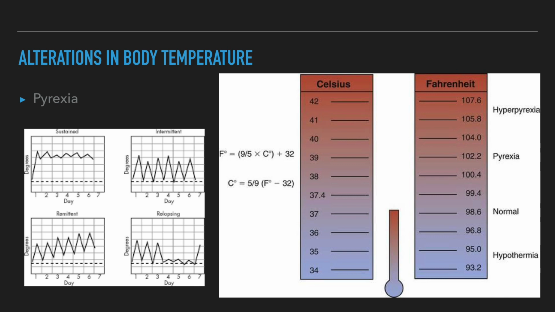During remittent fever, a wide range of temperature fluctuations, more than 2 degrees Celsius, occurs over the 24-hour period, all of which are above normal. In relapsing fever, short febrile periods of a few days are interspersed with periods of 1 or 2 days of normal temperature. During a constant fever, the body temperature fluctuates minimally but always remains above normal.